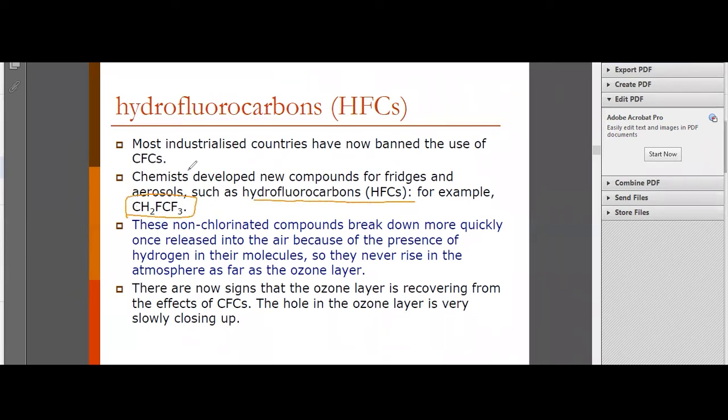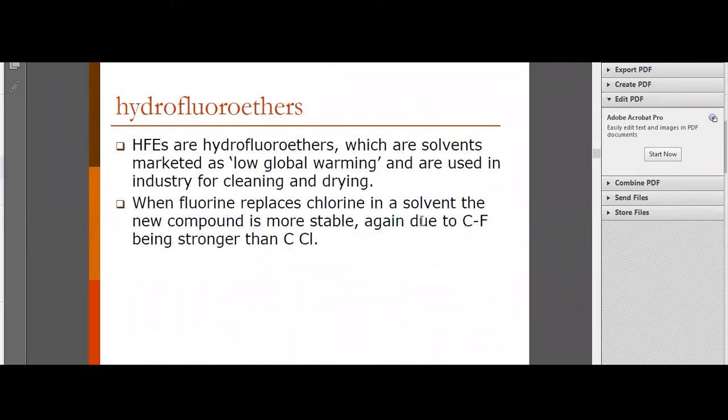Since the C-F bond is unreactive, it will not form the fluorine free radical. These non-chlorinated compounds break down more quickly once released into the air because of the presence of hydrogen in their molecules. So they never rise in the atmosphere as far as the ozone layer. So we should change the chlorine halogenoalkane to the fluorine one.